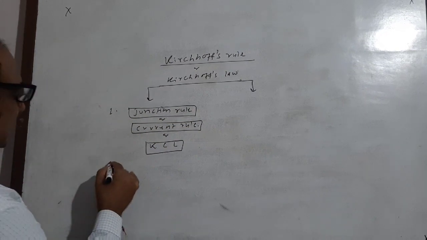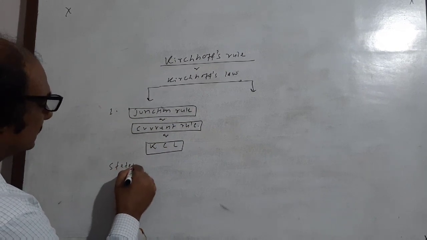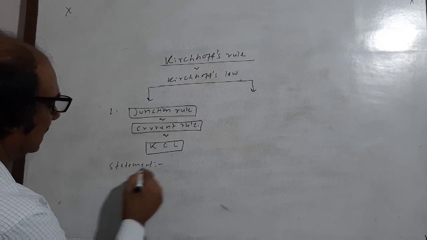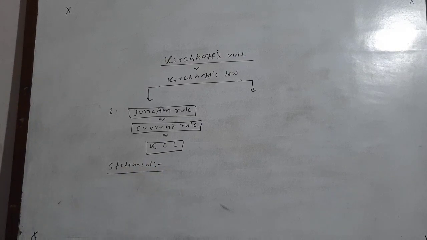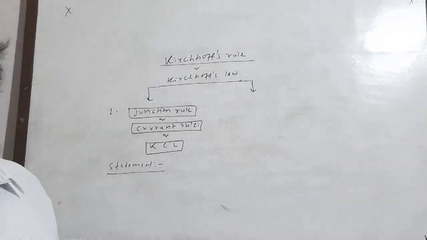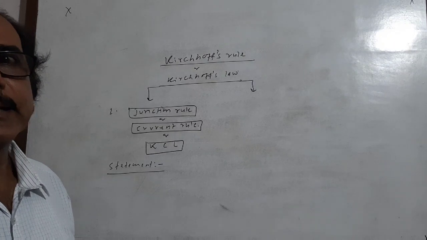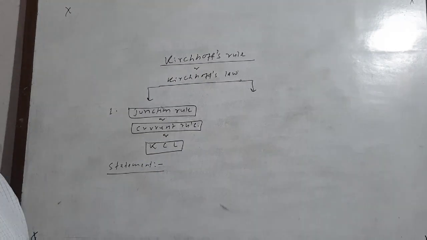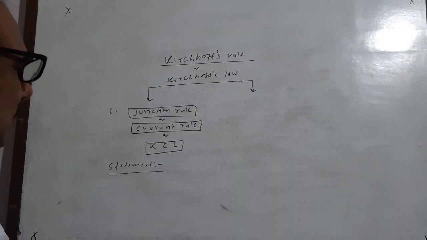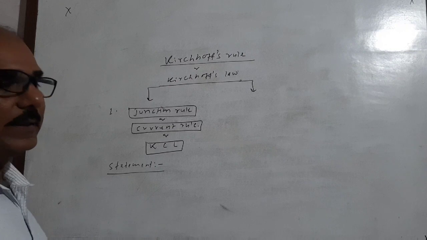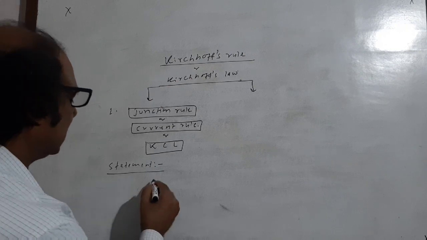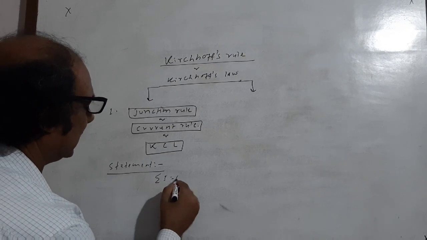And the statement is very simple. In any electrical circuit, the algebraic sum of all currents at any node or any junction is always equal to 0, and in mathematical form it can be represented as total I equal to 0.